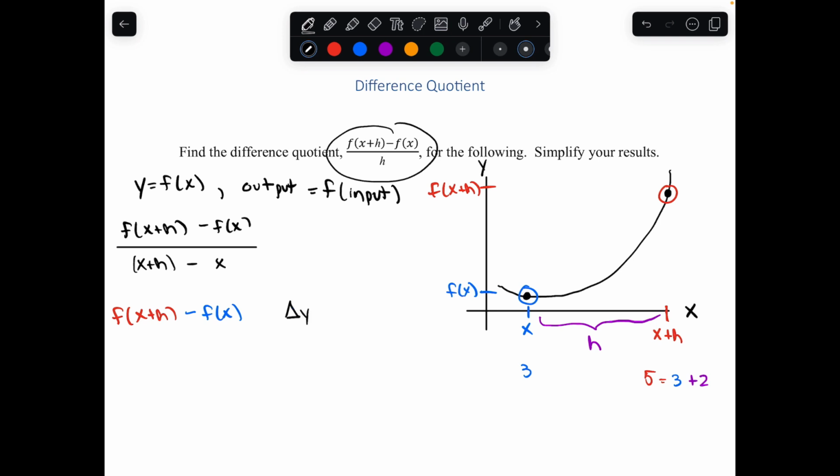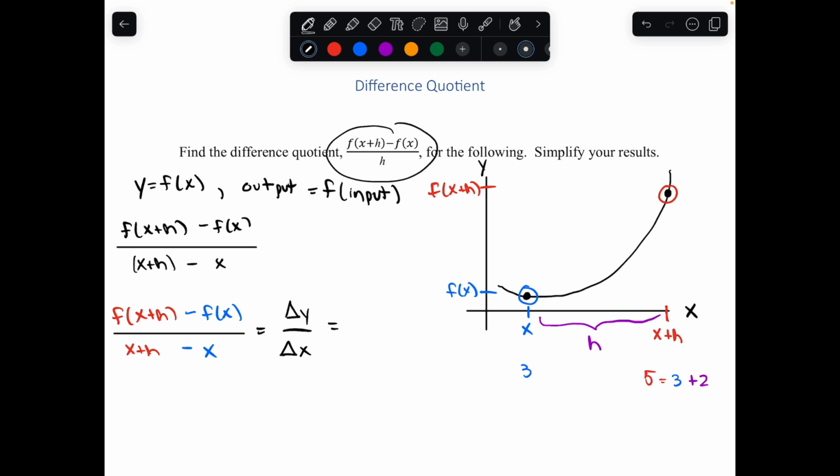Now let's look at our denominator. We have x plus h minus x. And what is that? Well, this is the difference in x values, or delta x. So really, our difference quotient is actually delta y over delta x.